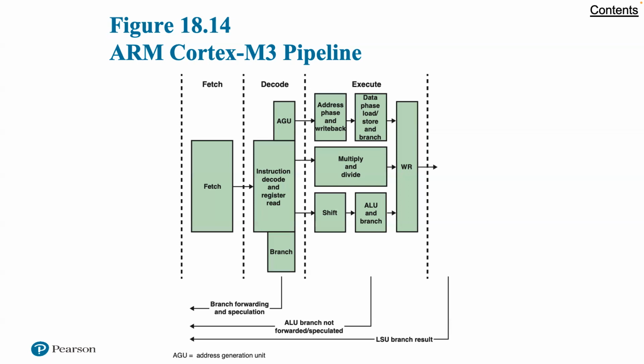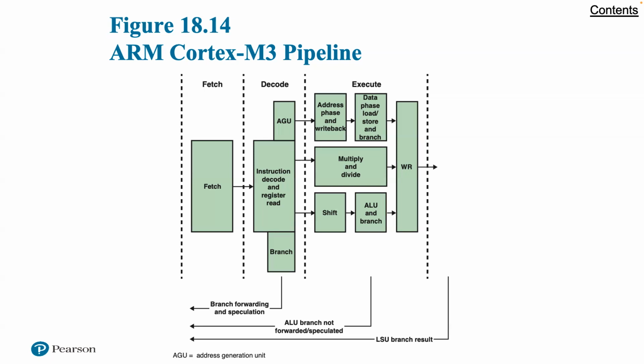To keep the processor as simple as possible, the Cortex-M3 processor does not use branch prediction, but instead uses a simple technique of branch forwarding and branch speculation, defined as follows. Branch forwarding: the term forwarding refers to the presentation of an instruction address to be fetched from memory. The branch forwards certain branch types, by which the memory transaction of the branch is presented at least 1 cycle earlier than when the opcode reaches execution.